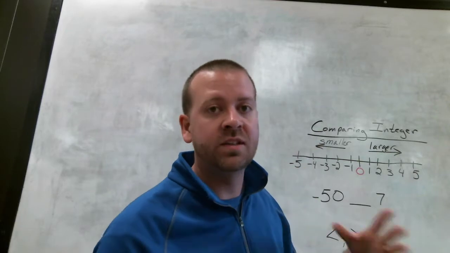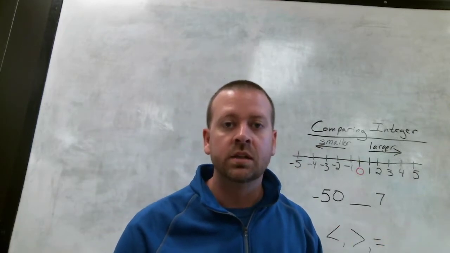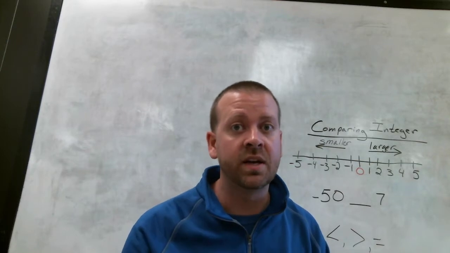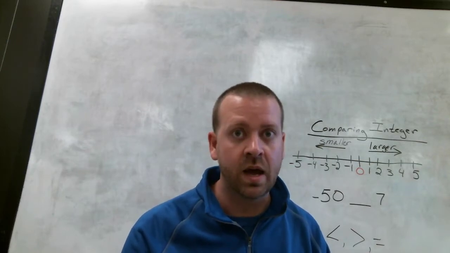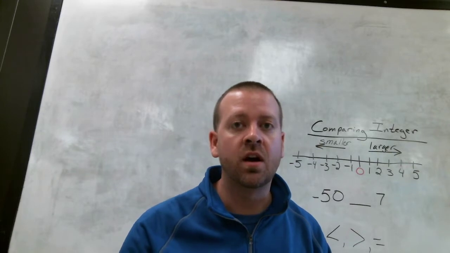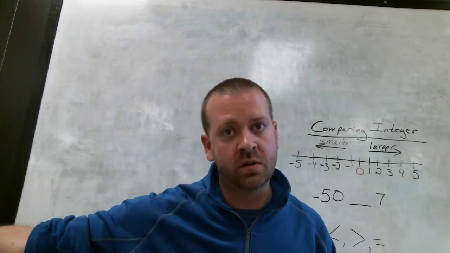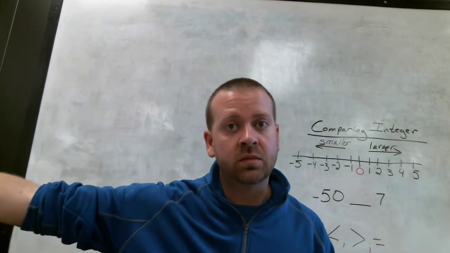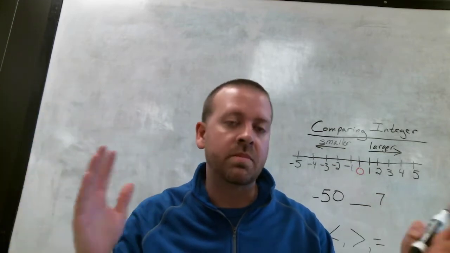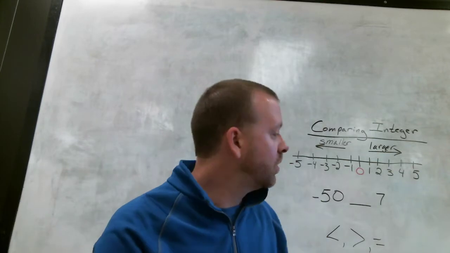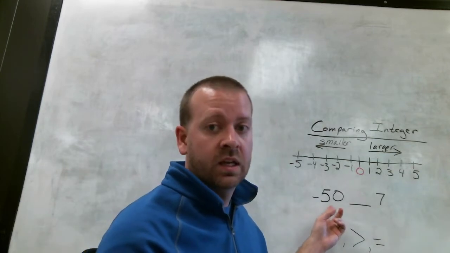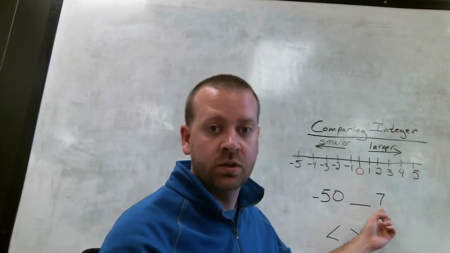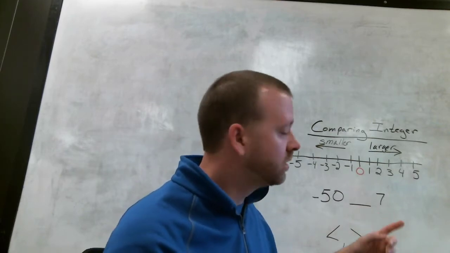So that means it's really small. 7, which is a positive number, because remember, if it doesn't have a sign in front of it, it's going to be positive. It's on the right side of 0. So as we go to the right, they get bigger. So we're looking at these two and we're comparing them. Since we know that this is really small, this is going to be bigger. So it is going to be less than.